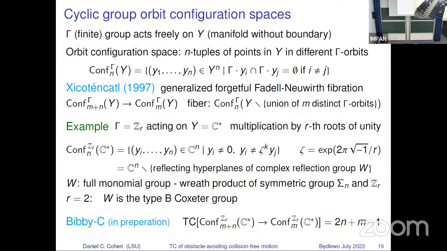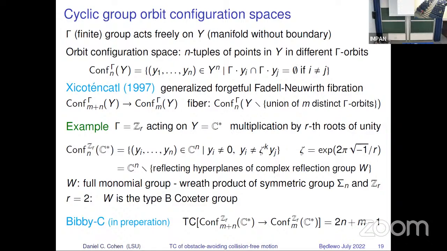It's the complement of the reflecting hyperplanes of a certain complex reflection group. In this context, this reflection group is something called the full monomial group. It's the wreath product of the symmetric group and this cyclic group Z mod r. In the case r equals 2, this is simply the type B Coxeter group.